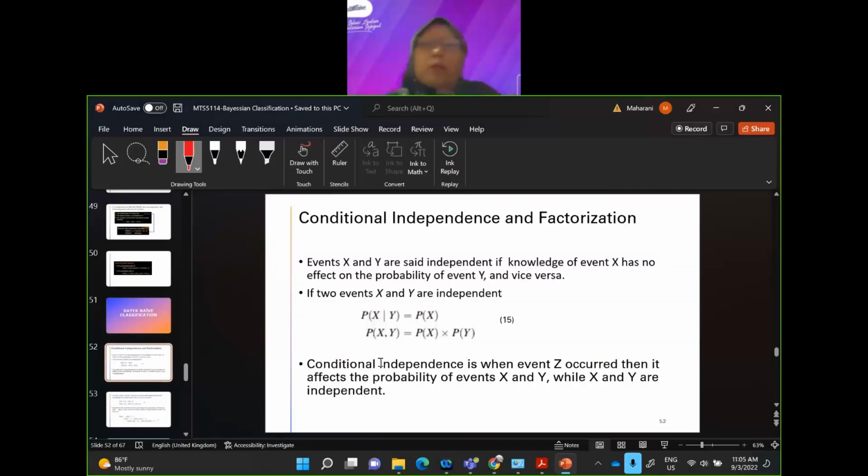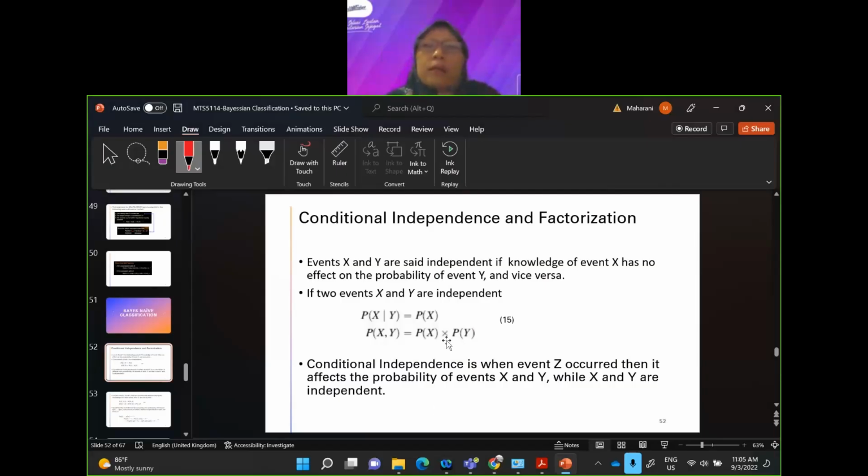Before naive Bayes, we have a definition first: conditional independence and factorization. As I mentioned before, if you have two events X and Y and they are independent, it means the probability of X doesn't affect the probability of Y. That is independent.